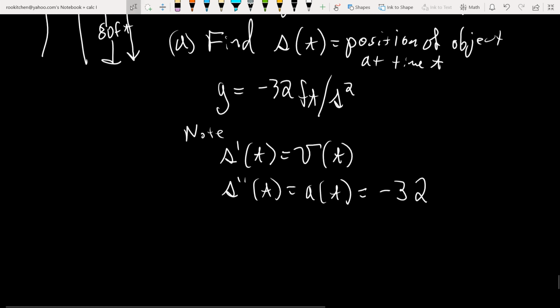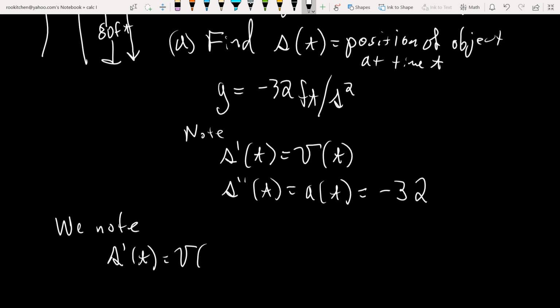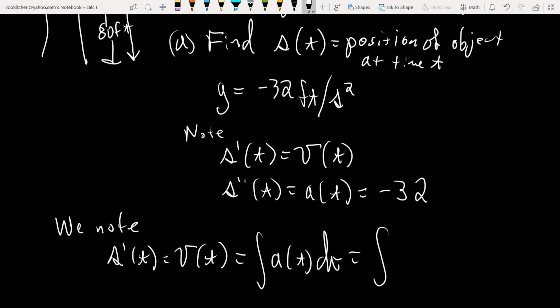Okay, so what we're going to do is kind of work our way back up to the position function from the acceleration function. Okay, so we note that the velocity function, in other words, s prime of t, which equals the velocity, will be the integral of the acceleration function, a of t dt, which in this case is negative 32 dt.